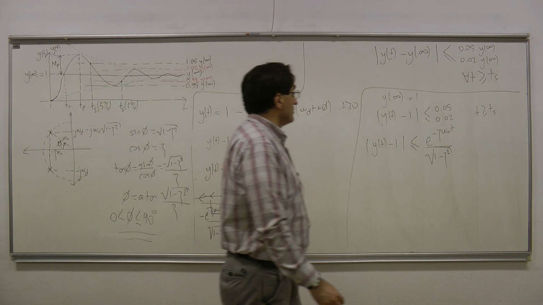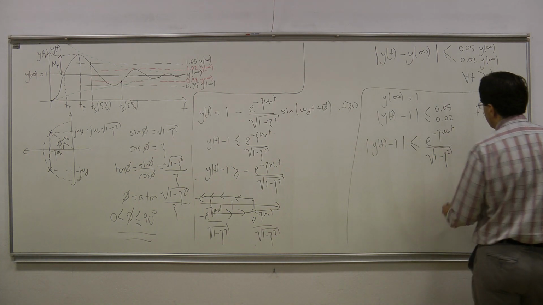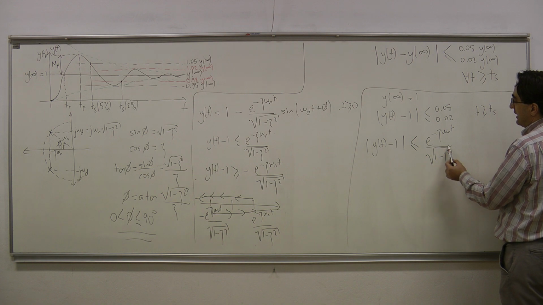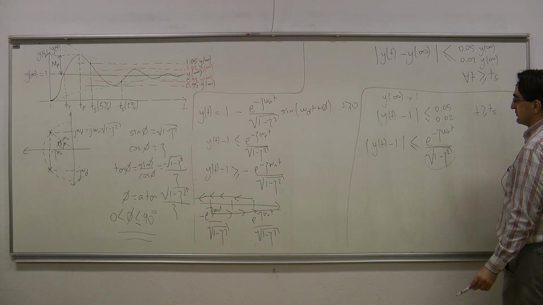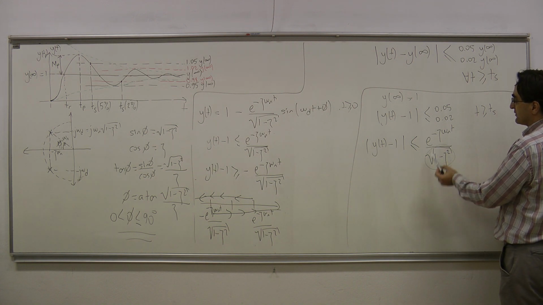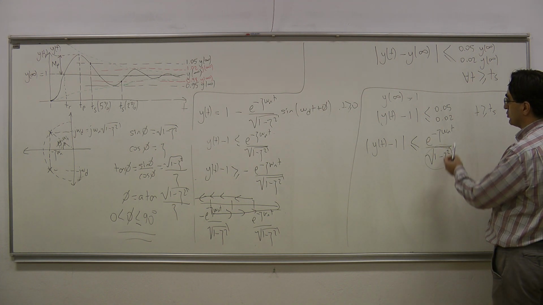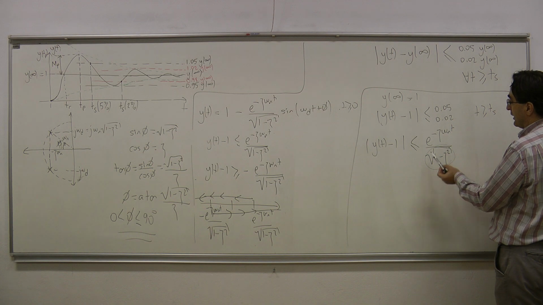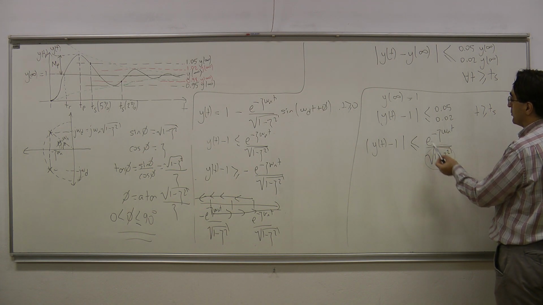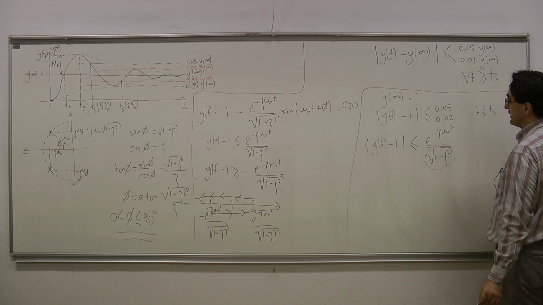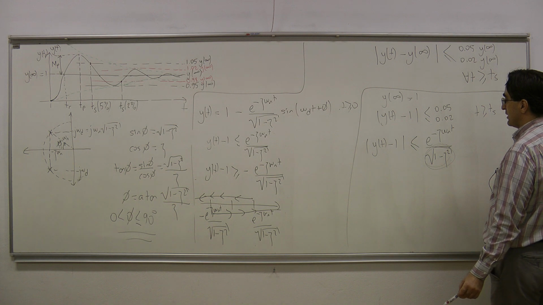So here we are going to make one more approximation. This exponential really decays quite fast, and this is just a constant here. So the effect of this constant is actually cancelled by the decaying exponential quite fast. If t increases by a very, very small amount, the exponential decreases quite fast to actually cancel the effect of this number here.